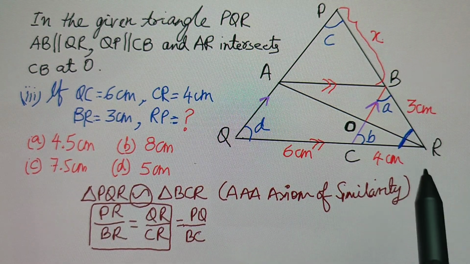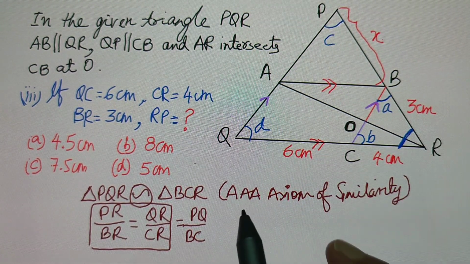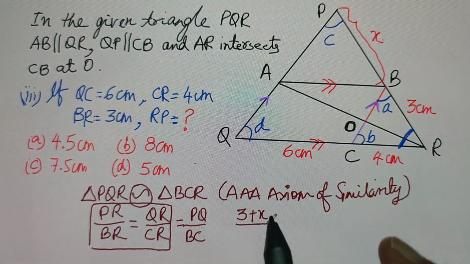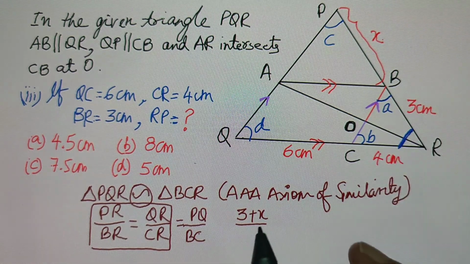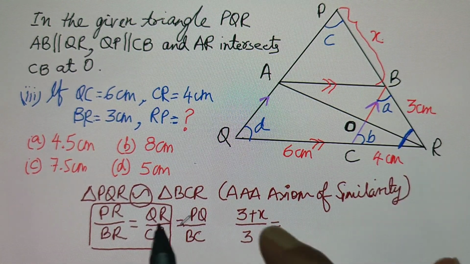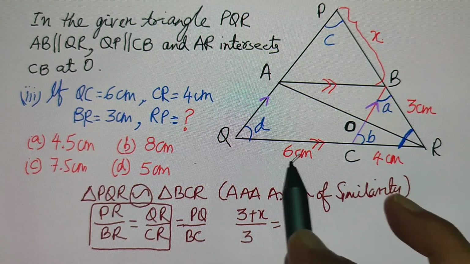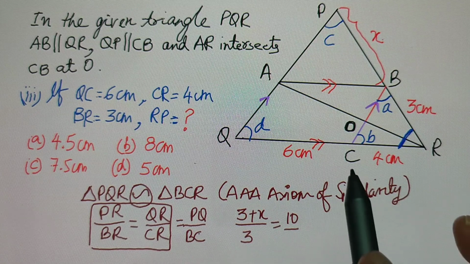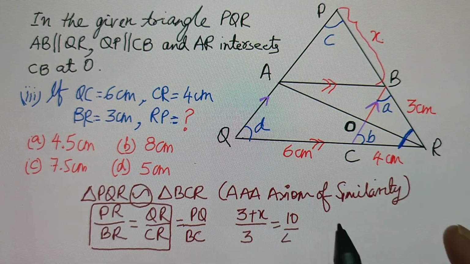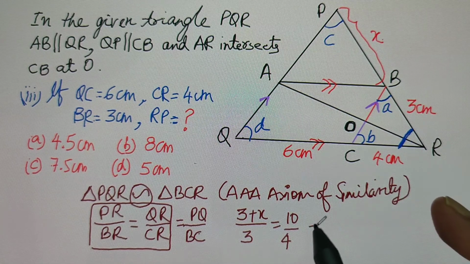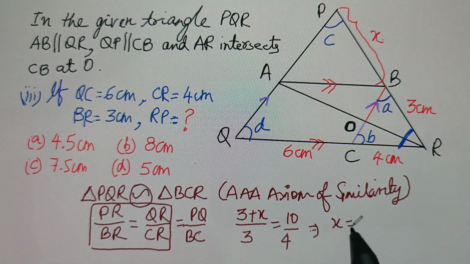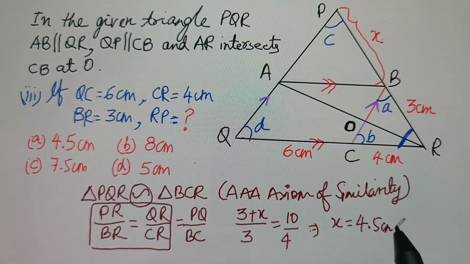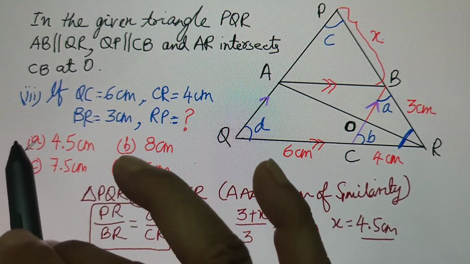The value of PR is 3 plus X. The value of BR is 3. The value of QR is 6 plus 4, 10, and the value of RC is 4 centimeter. Now we can calculate the value of X. If we calculate the value of X, we are going to get 4.5 centimeter. So option A is the correct answer.